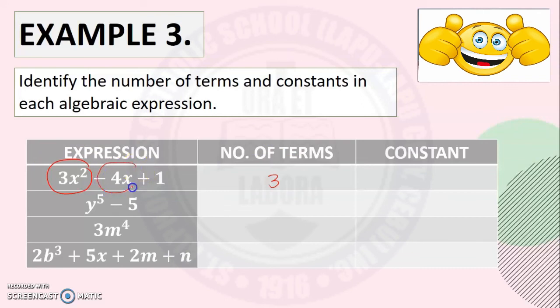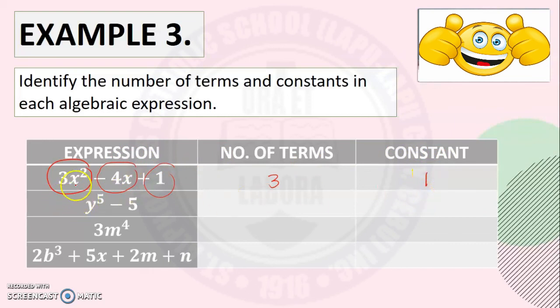The second term is negative 4x. And the last term, which is positive 1. Now let's identify the constant. We all know that constants are just a term which has a fixed value. That means it is any number that has no variable beside it. And as you can see, we have 1.